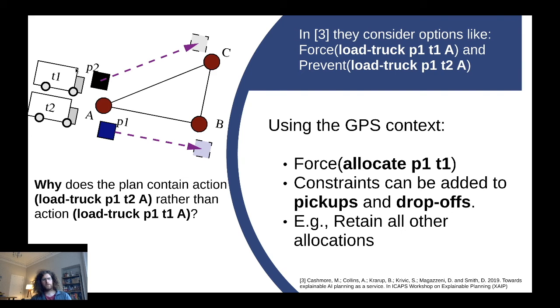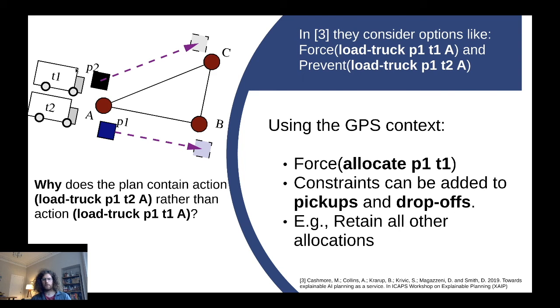Okay, so returning to this transportation scenario, and a query like, why does the plan contain action load truck P1 T2A rather than action load truck P1 T1A? This was an example from last year's XAIP, in the planning as a service.